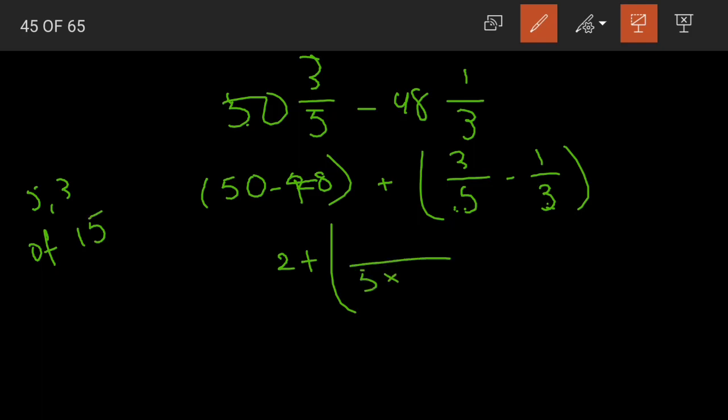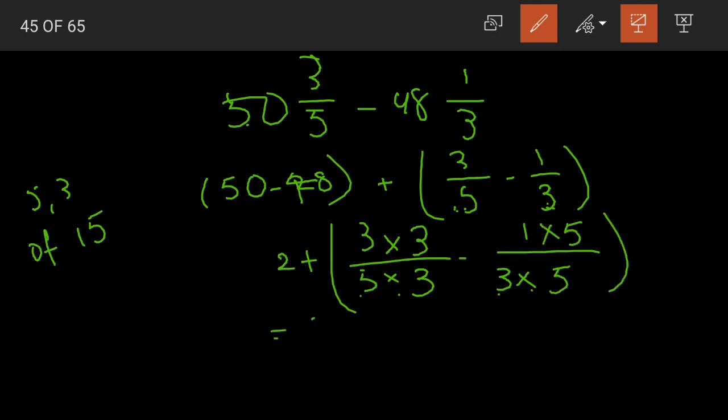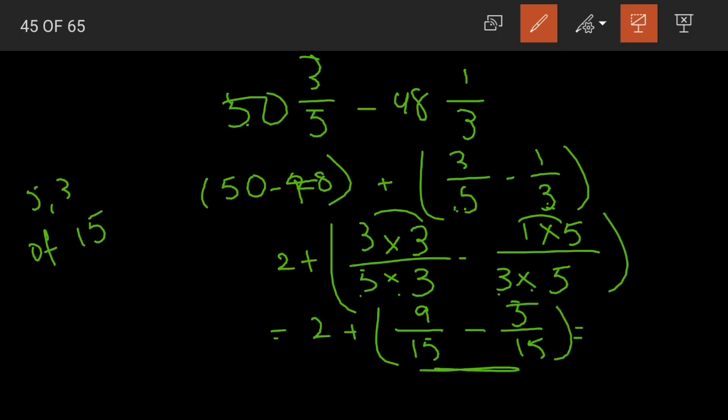We have to convert this into like fractions now. With the denominator 15, we have 5 3s are 15, so multiplying with 3, and 3 5s are 15, so multiplying it with 5. 2 plus 3 3s are 9 minus 1 5s are 5. Now we have two like fractions here. We can go for subtracting them.